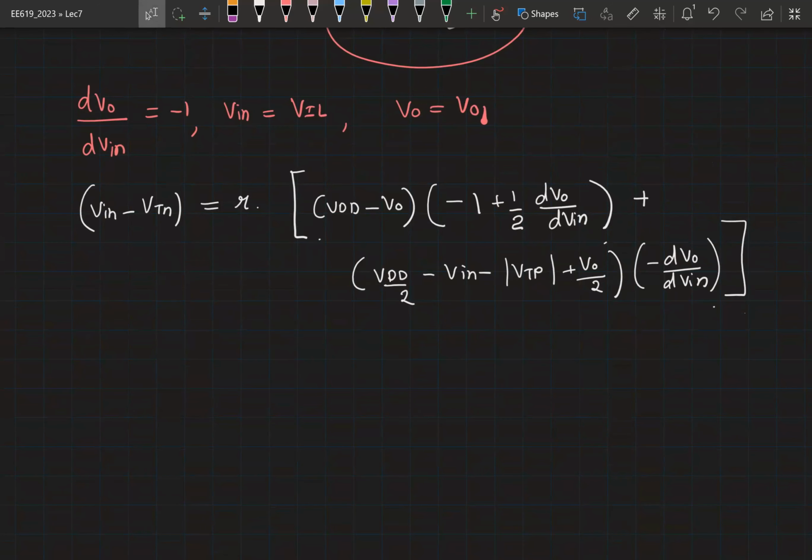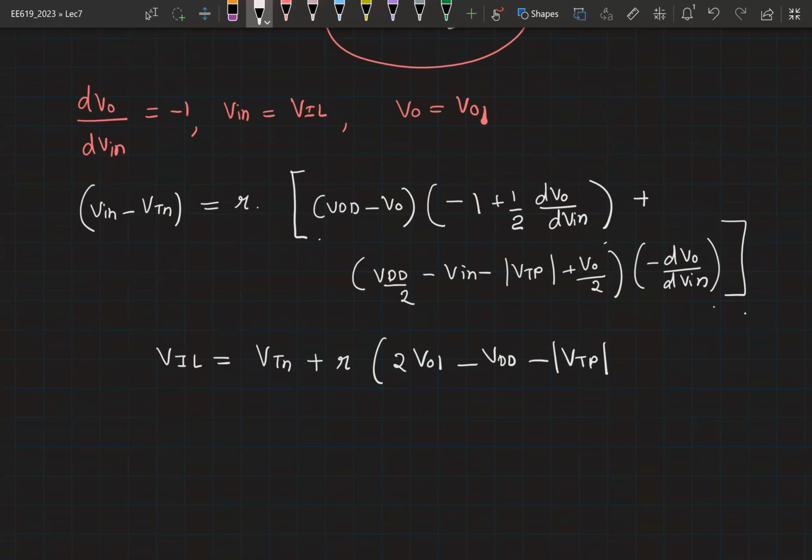Once you make the substitutions and take the appropriate parameters to the LHS and RHS, you will get VIL is equal to VTN plus R into twice of VO1 minus VDD minus mod VT, this whole thing divided by 1 plus R. So you can do the calculation for VIH also in similar fashion.